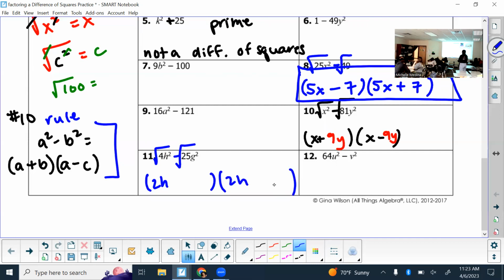Let's see, Zarel, is the 25d squared a perfect square? Why do you think it's not? What part of it is not a perfect square? You know how to put it in your calculator, the square root button?